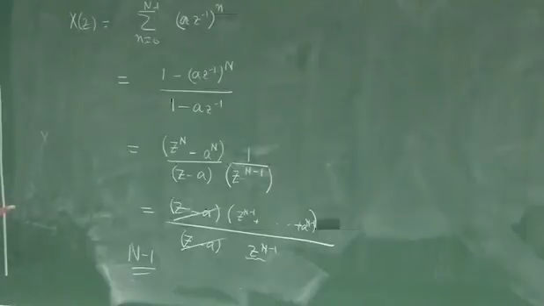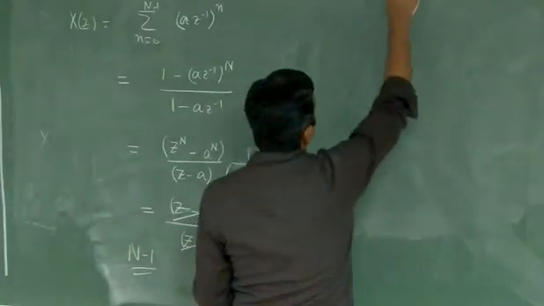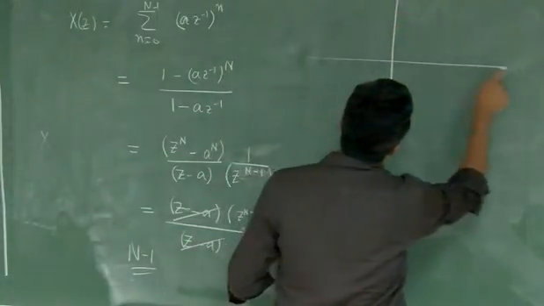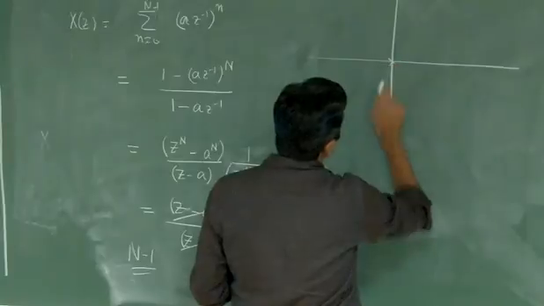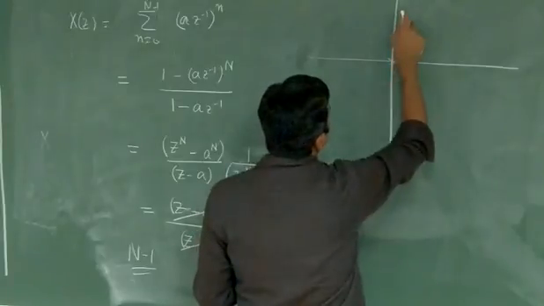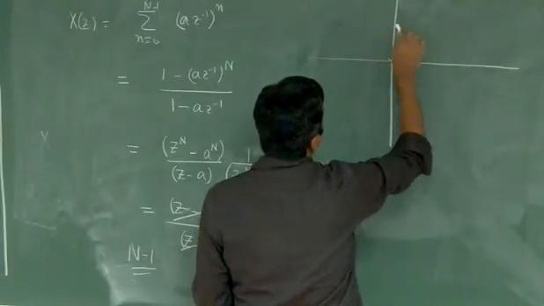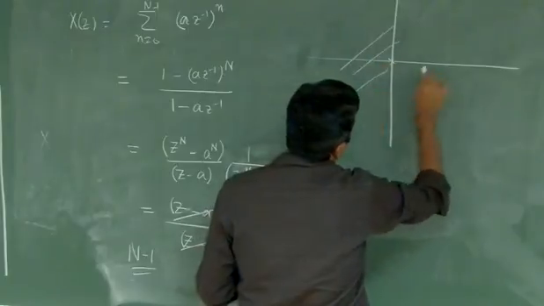Because it's only at z is 0 that this is going to become infinite, this whole thing, right? And so how is my ROC going to look for this case? So I have a pole here, and it's essentially going to be the whole region outside of that.